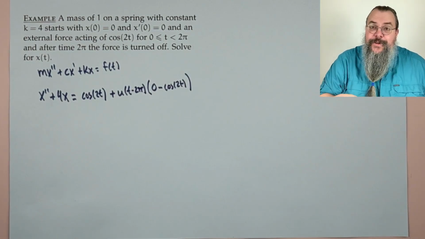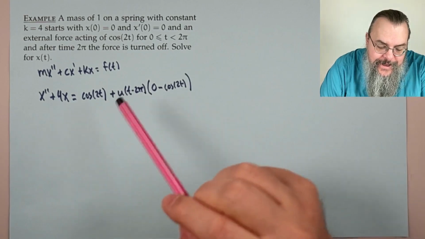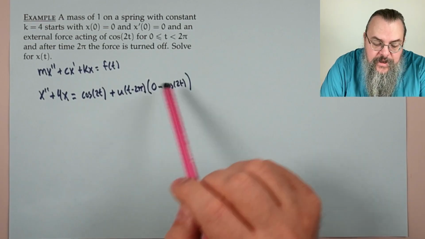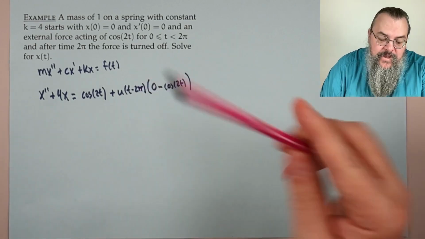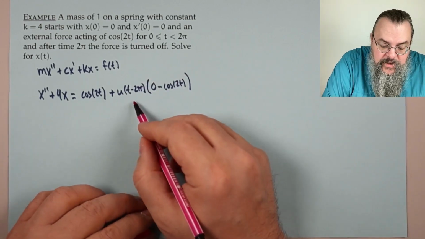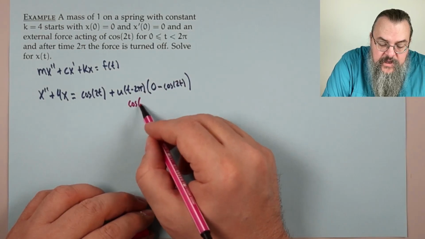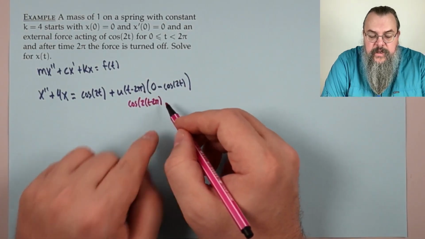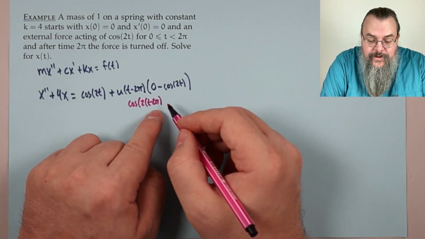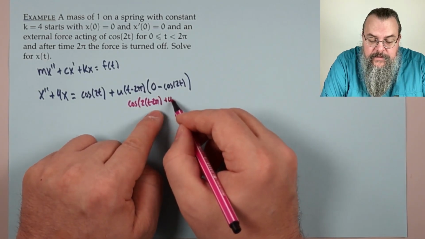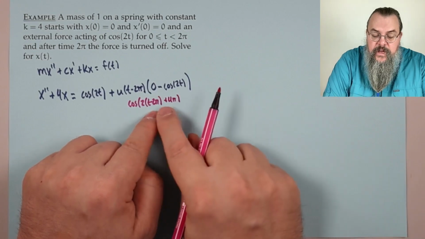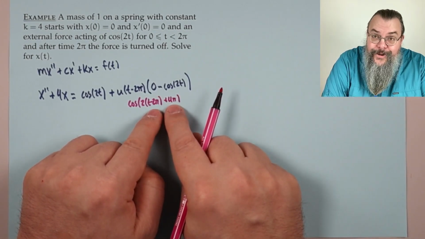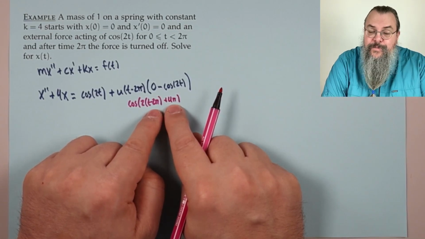Because we haven't done a u in a while, let's talk about what needs to happen. We want to have this t look like t minus 2 pi. So we're going to just make some notes here. Cosine 2(t minus 2 pi), but then we're going to have to account for that. So that's like minus 4 pi, so you have to add 4 pi. Yes? So now we have our t minus 2 pi. Well, how do we account for the 4 pi? Well, we use the fact cosine is periodic.